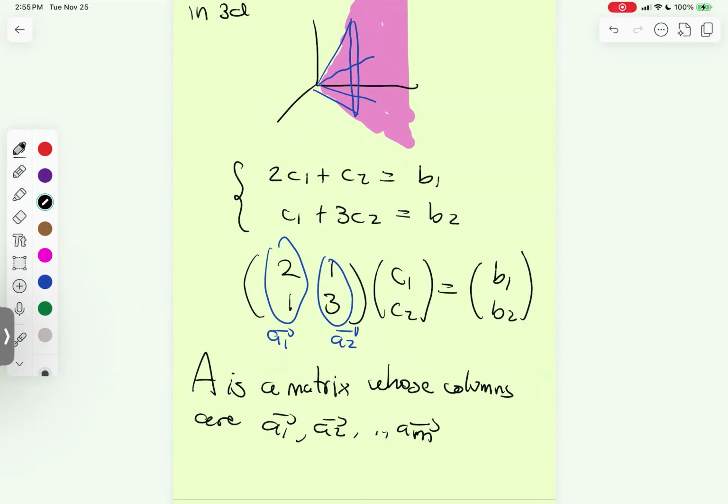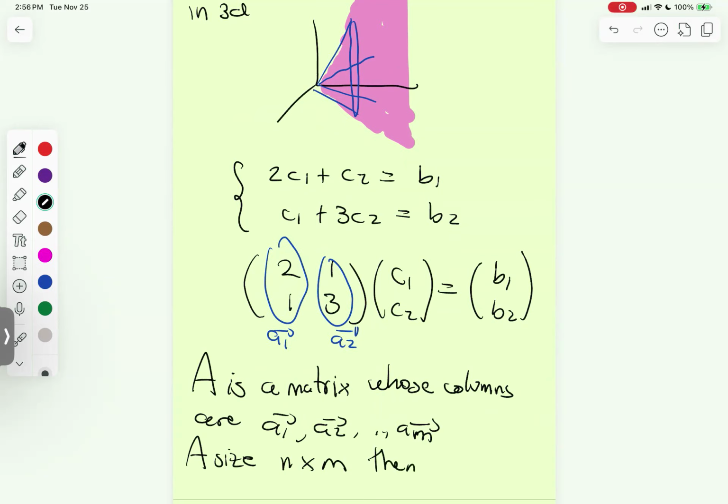I should have done it the other way, but you know what I mean. It's important to understand that you have n column vectors, each of size n. Kind of interesting.